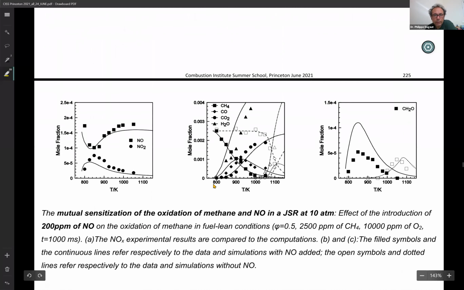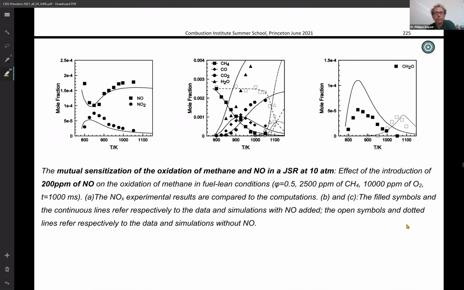And now if we continue and do the same at higher pressure, still methane and NO, still fuel lean, I think that we have also 200 ppm of NO added or not added. So here, this is the baseline, let's say. We don't put NO in the system, and we see the oxidation of the fuel, and formation of formaldehyde as an intermediate.